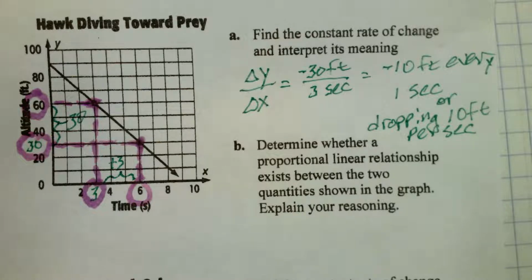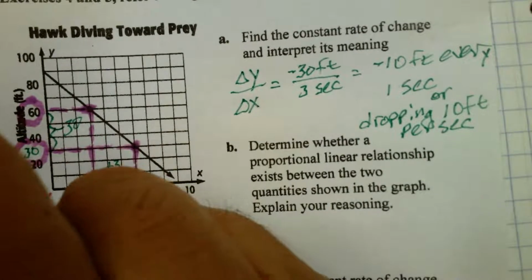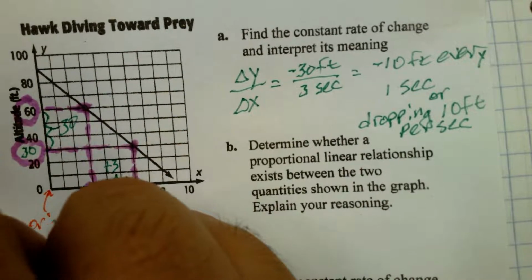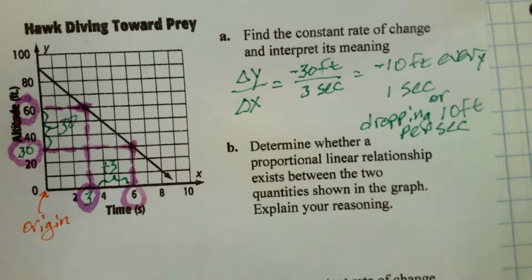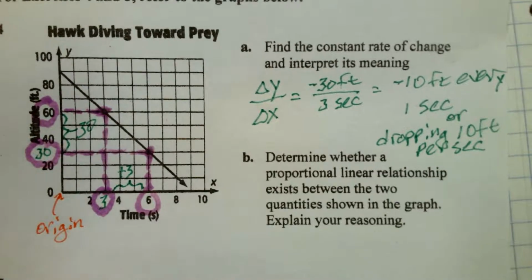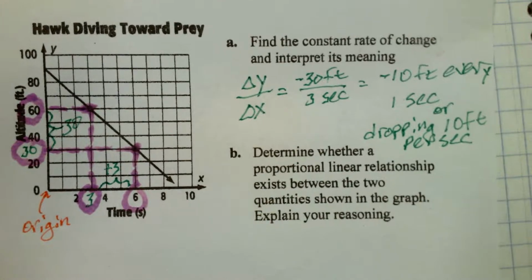If it crosses anywhere else, it's non-proportional. Okay? So we have to worry about the origin. So here, it really doesn't cross the origin. So we say it's non-proportional.